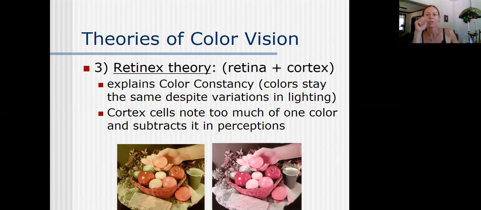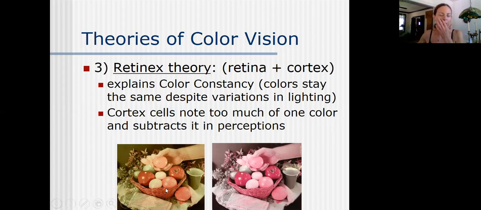That's because when we have variation in lighting, for example, I have yellow curtains in front of me, that might make everything look a little bit yellow in this video because the light's shining through those curtains. But you don't necessarily see me as looking yellow because there's yellow on the lamp back there and yellow on the walls and everything. So your brain just subtracts out the yellow because it's everywhere in the picture.